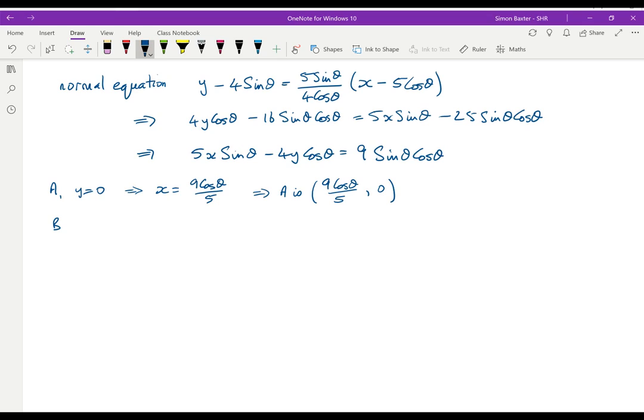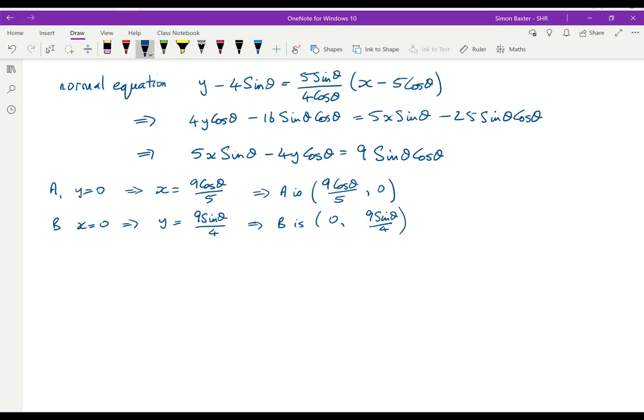B, where it meets the y-axis, x is equal to 0. This tells me that y is equal to 9 over 4, cos theta cancels, so that's 9 sine theta over 4, and so B is the point 0, 9 sine theta over 4.